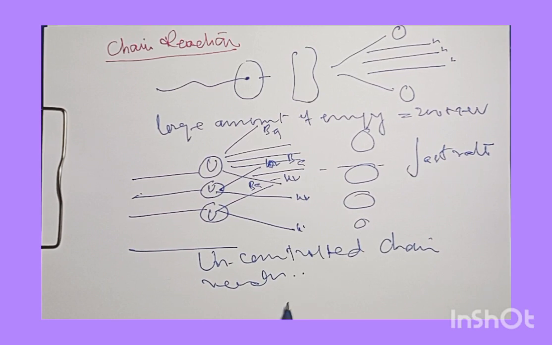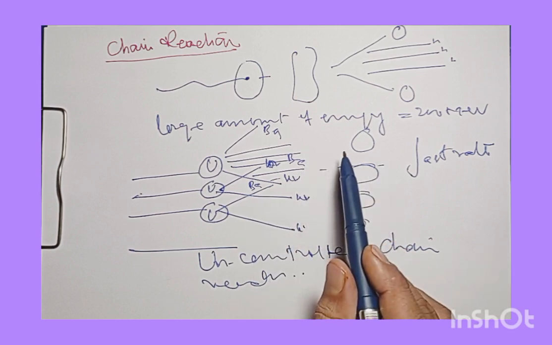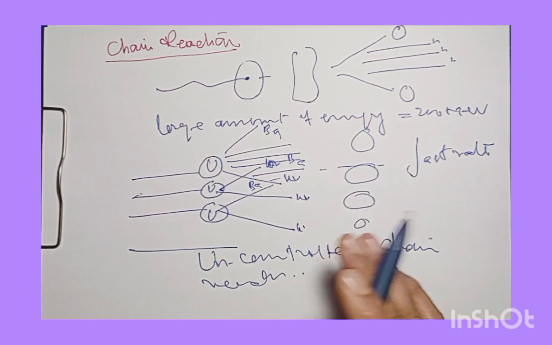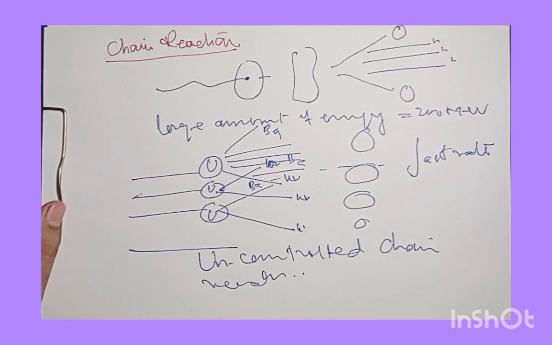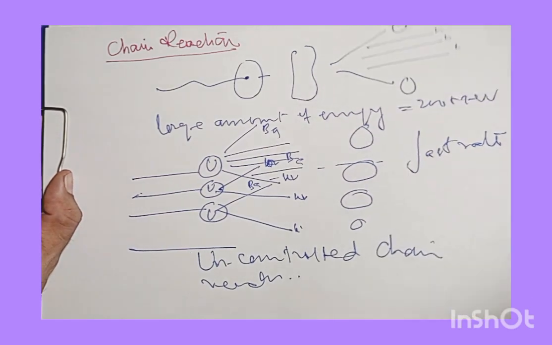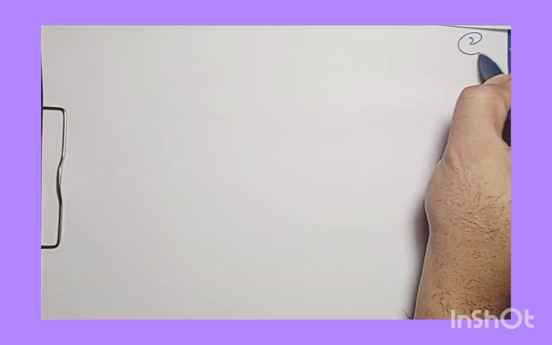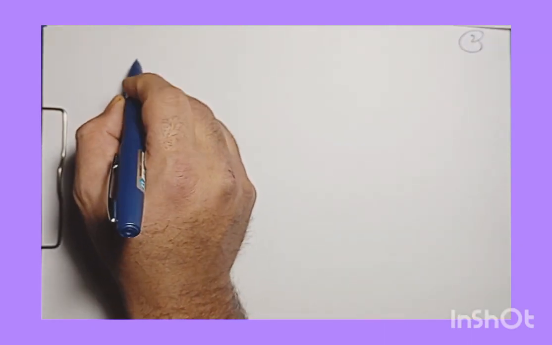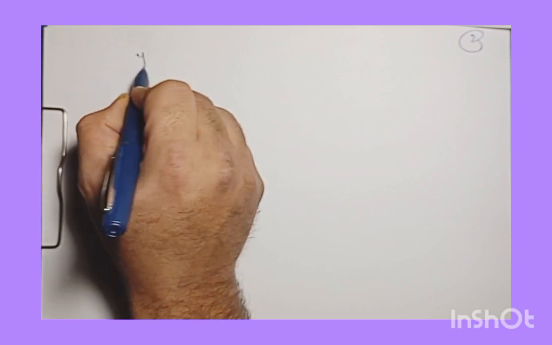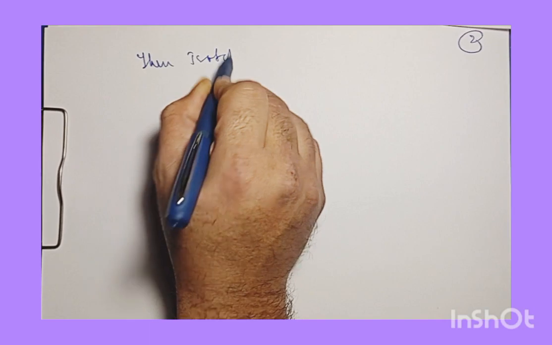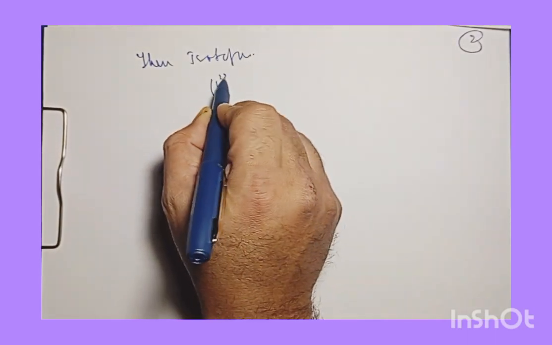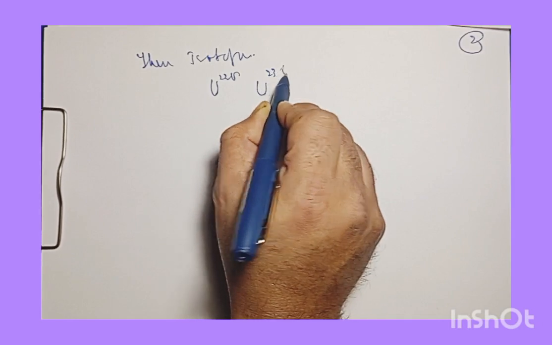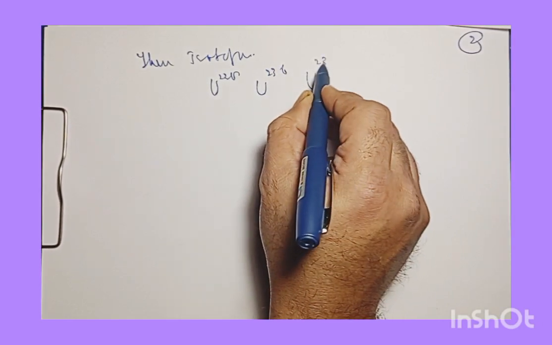However, if we have to maintain this chain reaction, there are a couple of difficulties that come across. Let us see what kind of difficulties can come across. Ordinary uranium consists of three isotopes: uranium-238, uranium-236, and uranium-235.